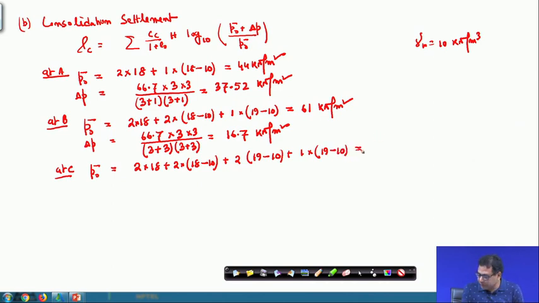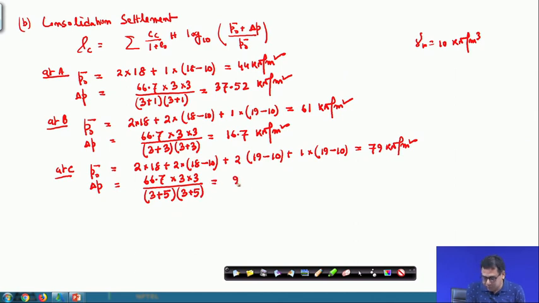So, this is equal to 79 kilonewton per meter square, and del P is equal to 66.7 into 3 into 3 divided by 3 plus 5 meter, because now it is 5 meter from the base of the footing, plus 5. So, that is equal to 9.4 kilonewton per meter square.